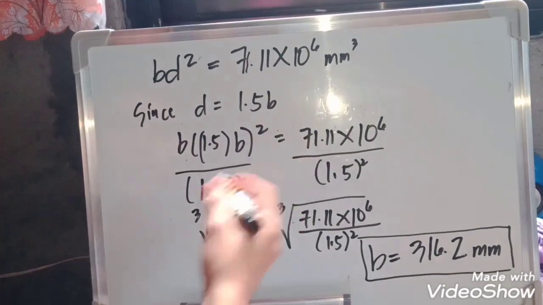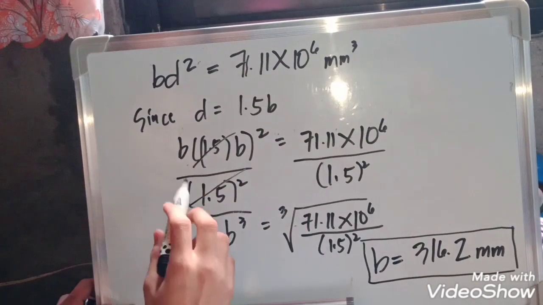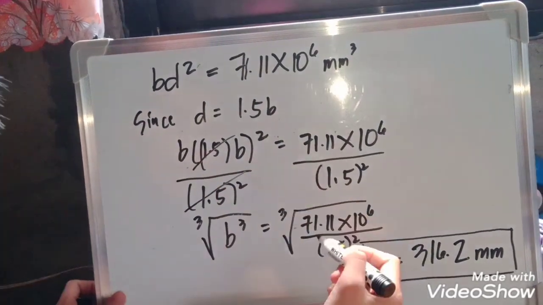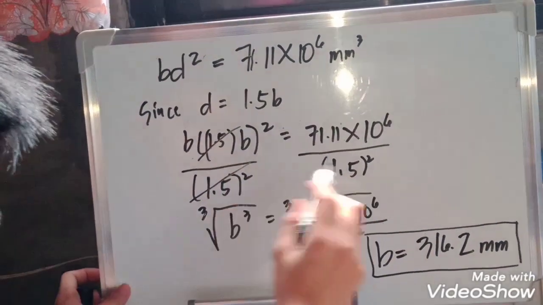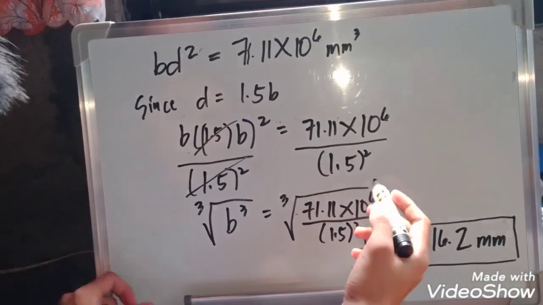In order to calculate the b, we divide by 1.5 squared. So the 1.5 squared will be cancelled there, and we also have to divide the right side by 1.5 to the power of 2.